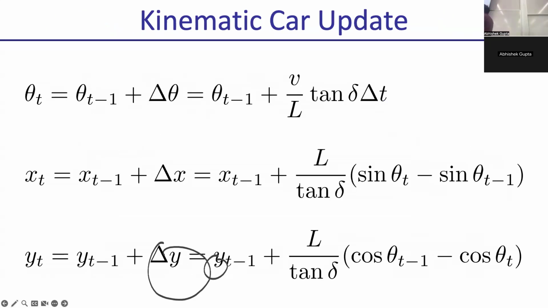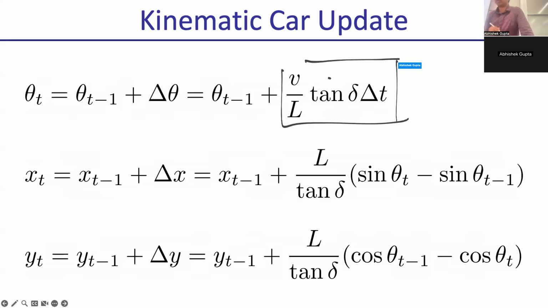Okay, so let's put together all the stuff that we have. We computed delta theta. Delta theta is going to be v tangent delta over L times delta t. That's going to be your delta theta.